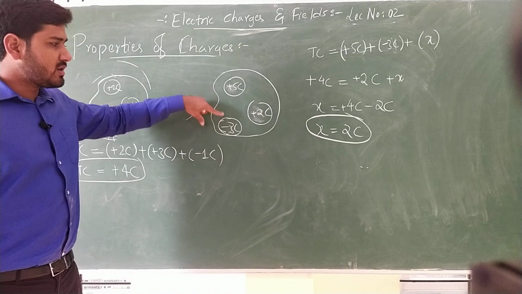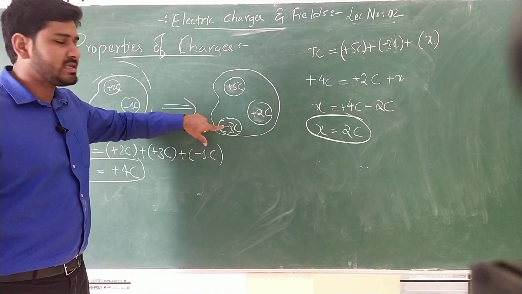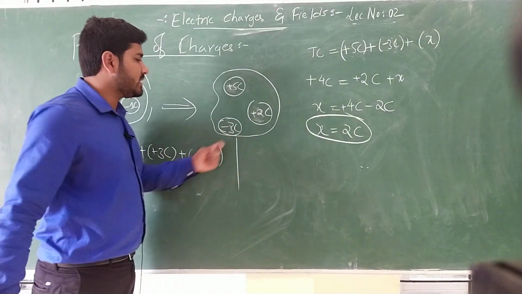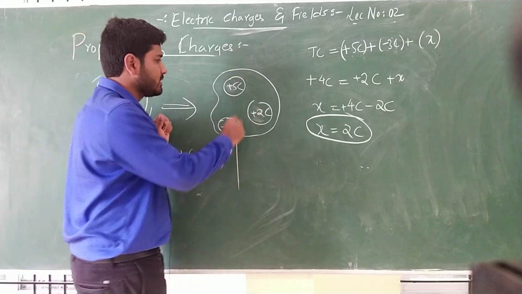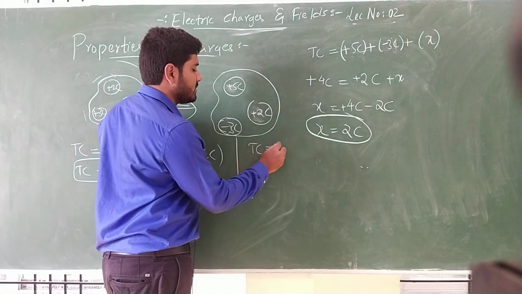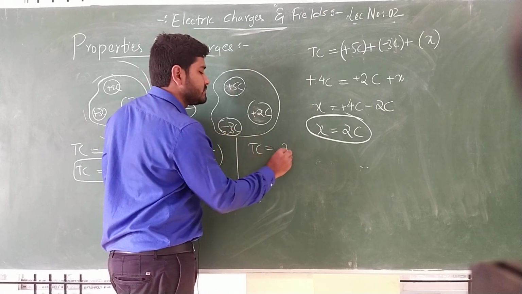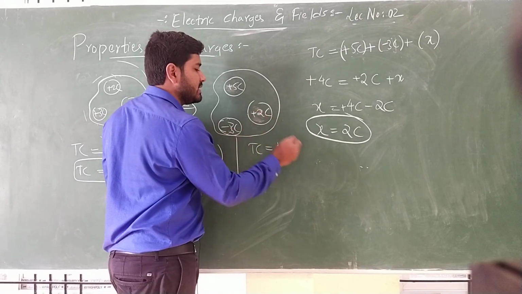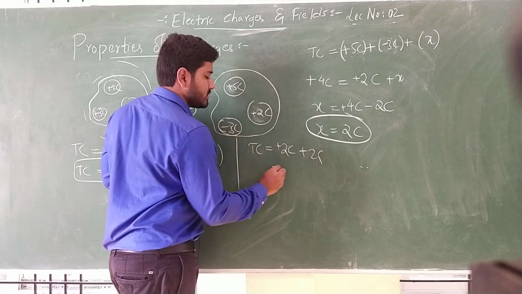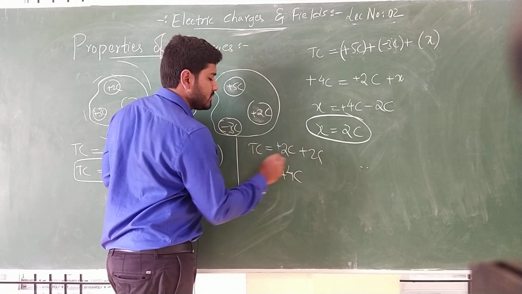Now we got all these things, and you know how much charge it has. Now calculate the total charge of this body: plus 5 minus 3 plus 2 coulomb, so the total charge is plus 4 coulomb.